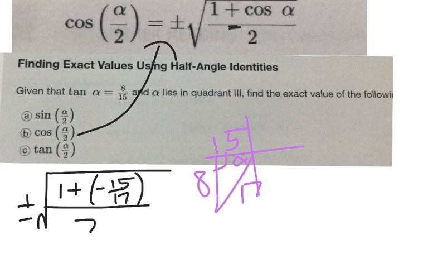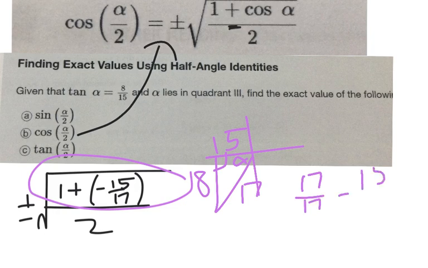Alpha over 2. Now then, it's the same process as what I explained the time before. In the numerator, I have a fraction, so I want to get a common denominator. So that's 17 over 17 minus 15 over 17, which would simplify to be 2 over 17 in the numerator.